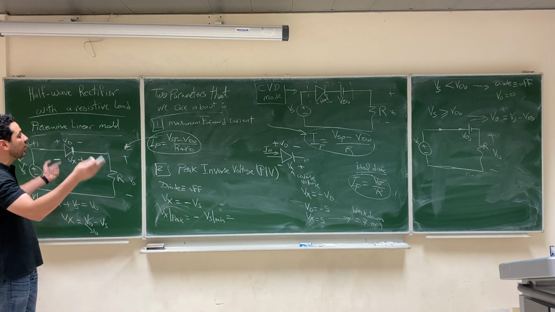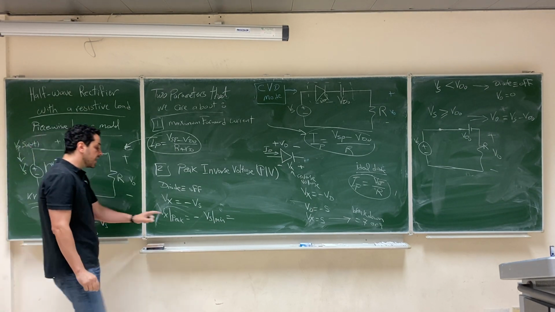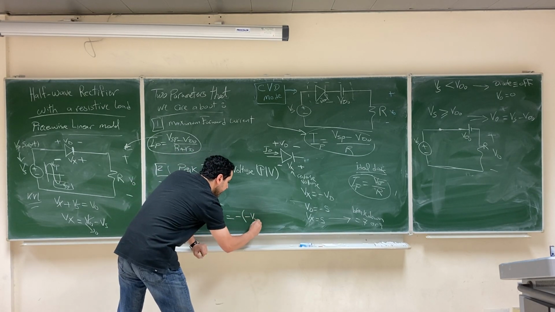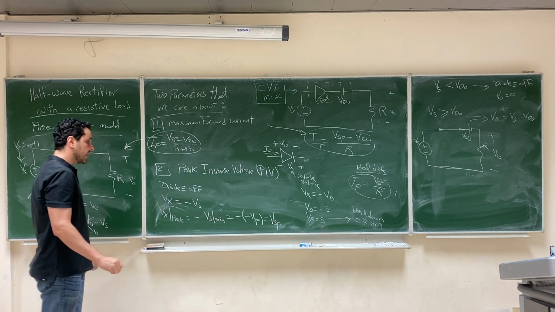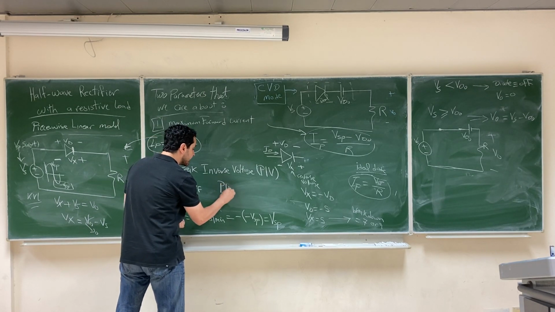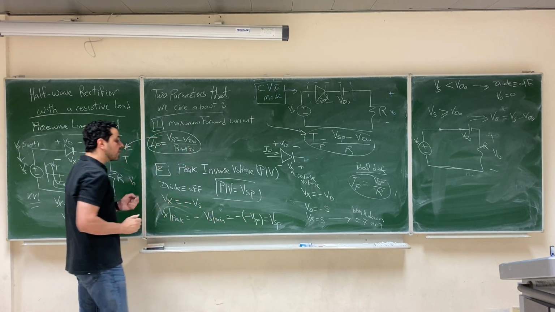Vs is a sinusoidal wave. It goes from Vs peak to minus Vs peak. The minimum of Vs is negative Vs peak. Then the peak inverse voltage will be Vs peak. So the peak inverse voltage in our circuit will be Vs peak.